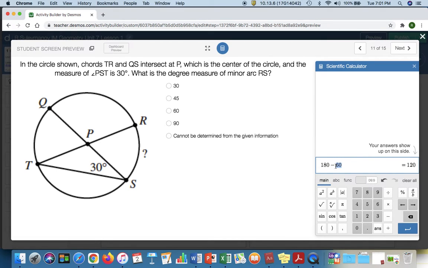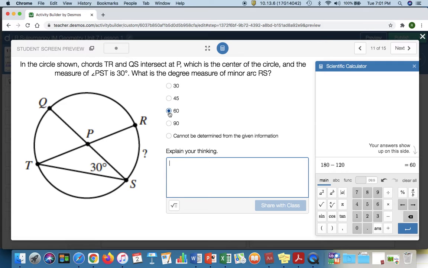And if I do 180 minus 120, I'll get my central angle there for RPS, which is equal to my minor arc. So much going on in this question that I think it would be important to have students explain their thinking in this question, which is why I added that.